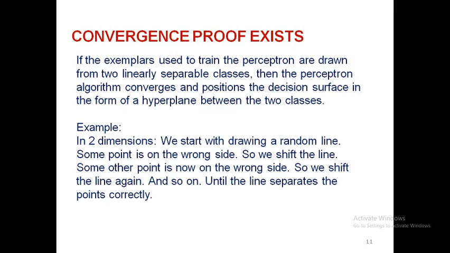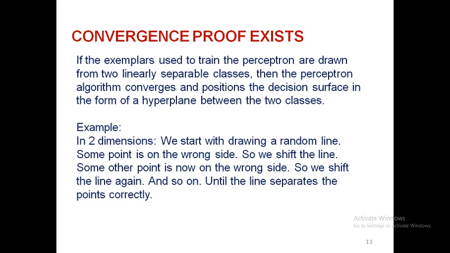As an example in 2 dimensions, suppose we start by drawing a random line, with x1 on the x-axis and x2 on the y-axis, and with 2 inputs the combinations are 0 0, 0 1, 1 0, 1 1, as we saw in the last class.